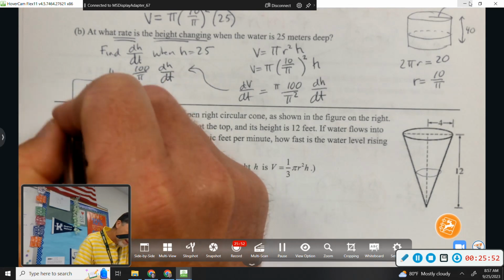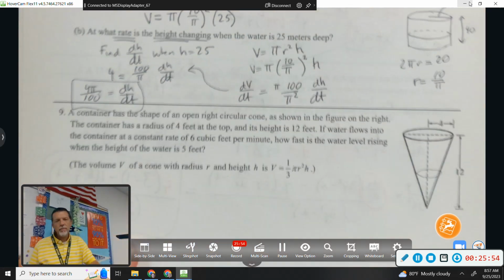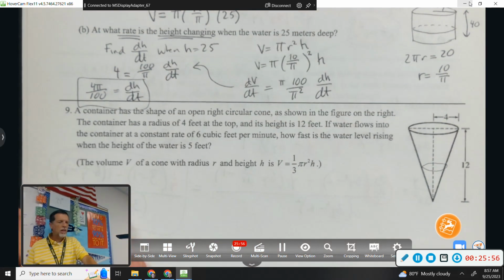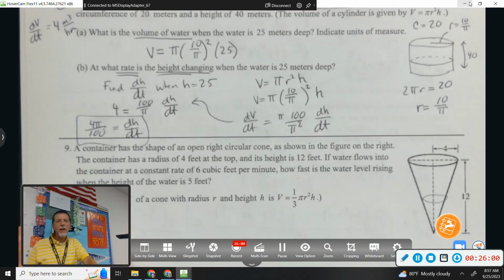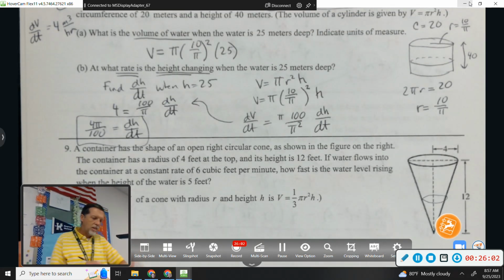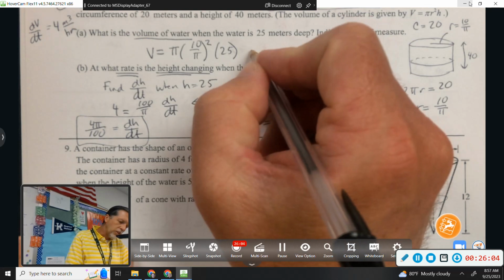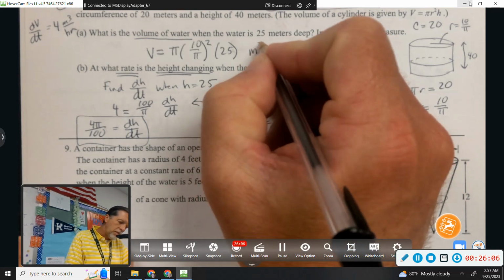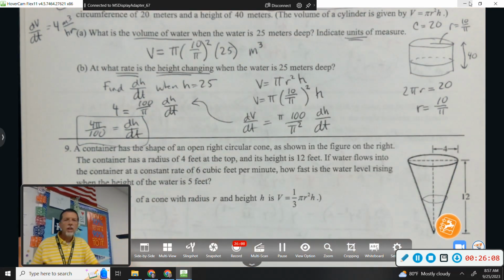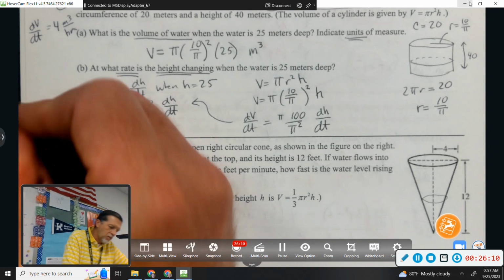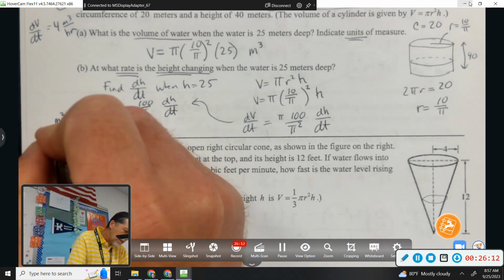And sure, that reduces, but I'm not worried about that. I'm good. It did not ask for units. Oh, speaking of units, part A did ask for units. Units of volume would be meter cubed. Part B did not ask for units, but if it had, meter cubed per hour.